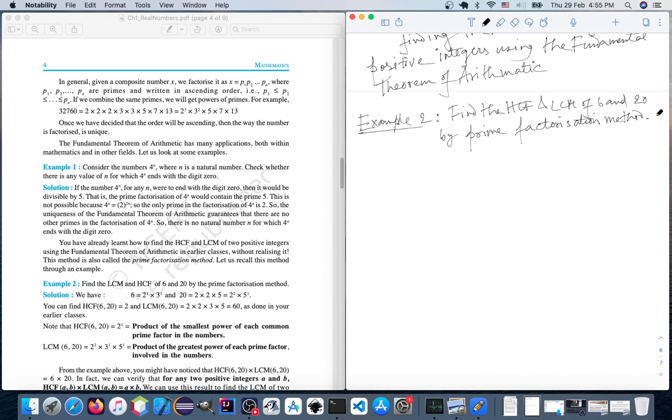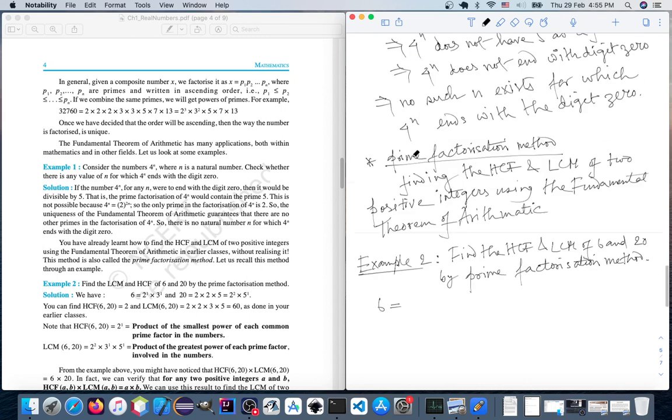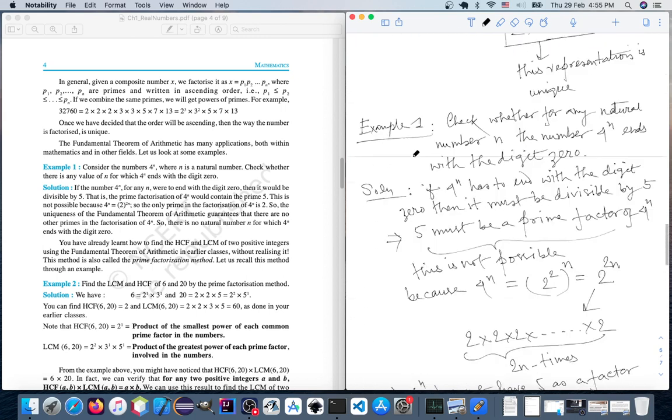So it asks to find the HCF and LCM of 6 and 20 by the prime factorization method. So what it does, it first factorizes 6, like the way we discussed here.